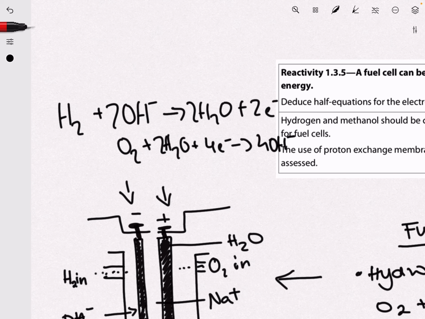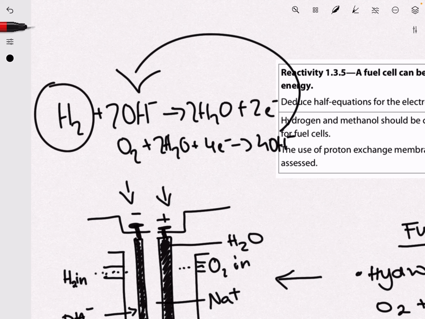And we see how this can almost fuel itself if we were to continuously supply hydrogen and oxygen back into our fuel cell.